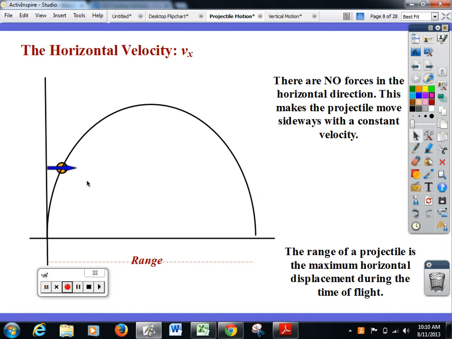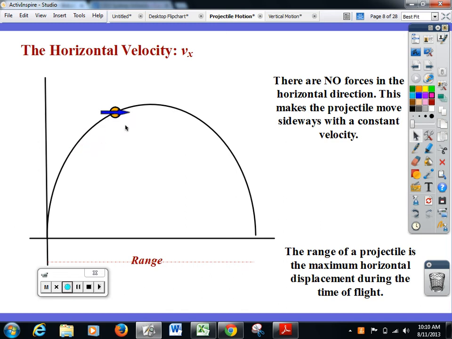Now, this blue arrow does not represent a force. It just represents the velocity, the sideways velocity. When you first throw the ball as a projectile, it starts moving sideways. How do I know it's moving sideways? Well, we see it moving sideways. That's the best evidence. It's eyewitness testimony. Now, that means that it's moving sideways.